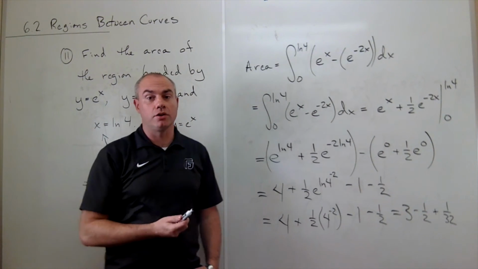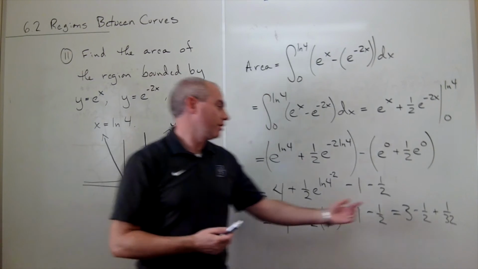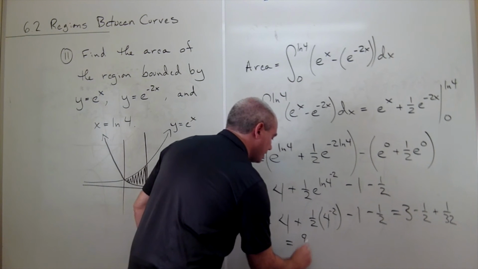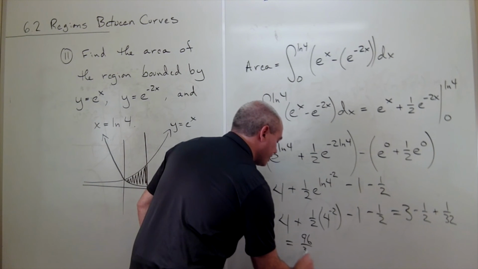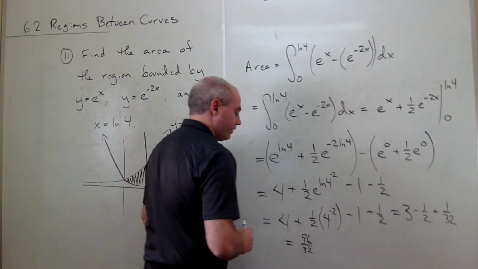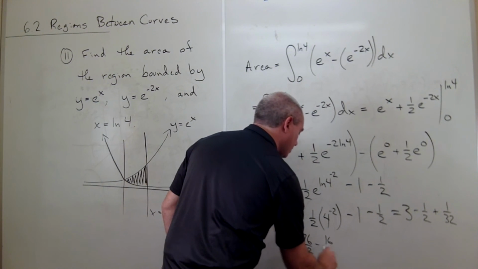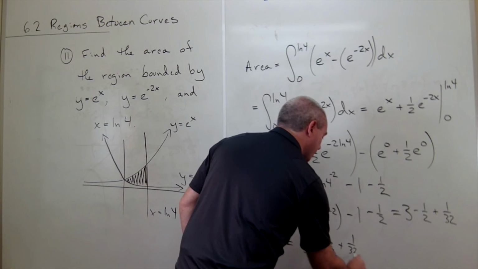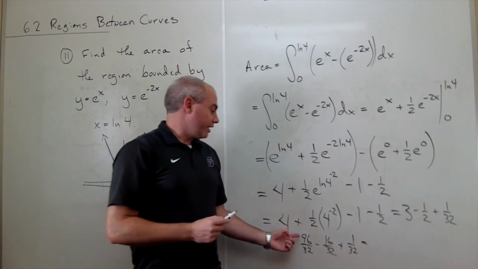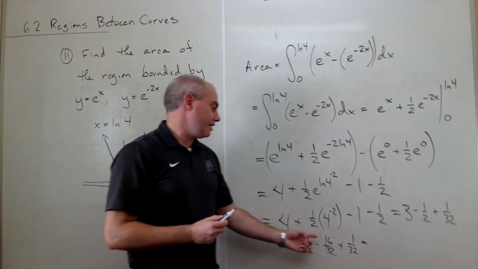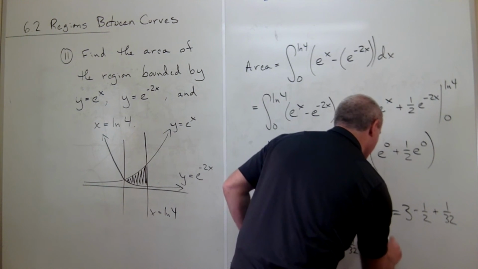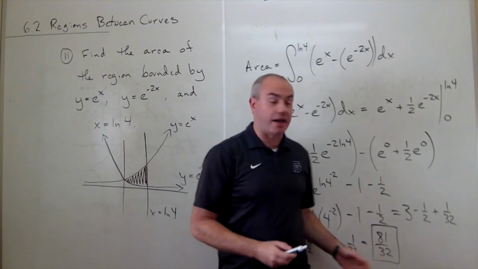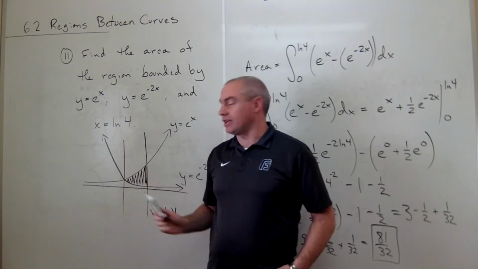If we want to write all of this as 32nds, then 3 is 96/32, 1/2 is minus 16/32, and then we get plus 1/32. And we get 96 minus 16 is 80, plus 1 is 81 over 32. And that is the area that would be trapped in this shaded region.